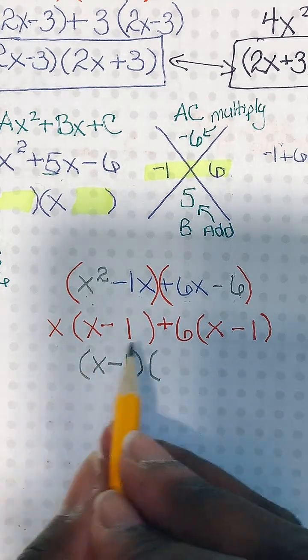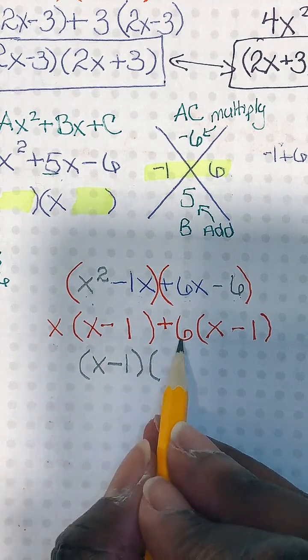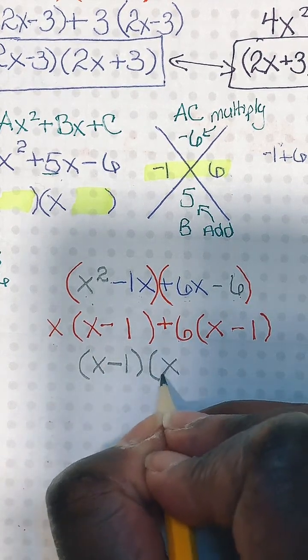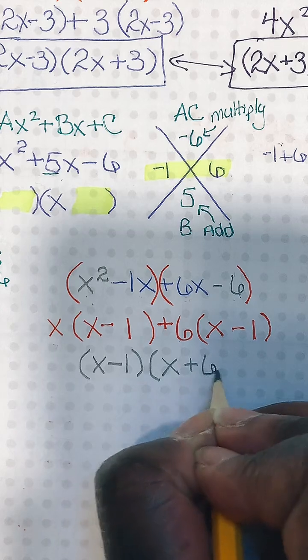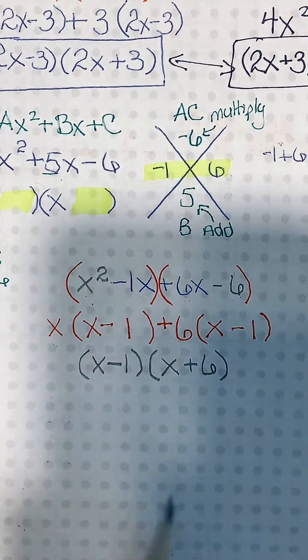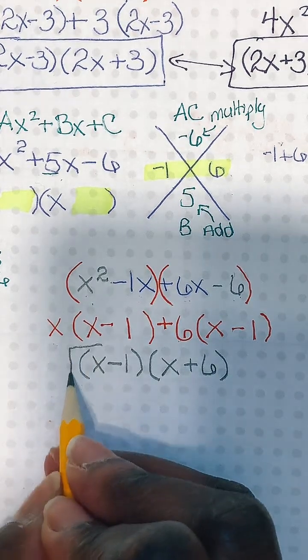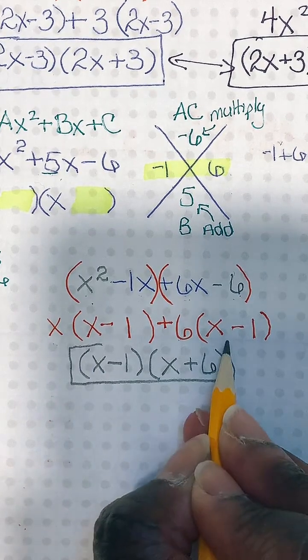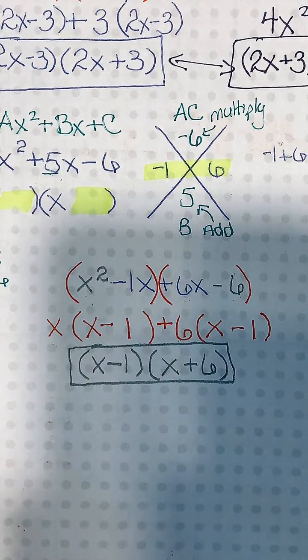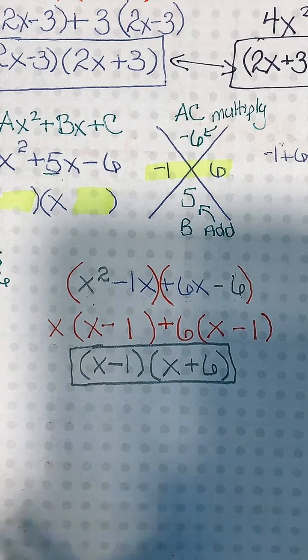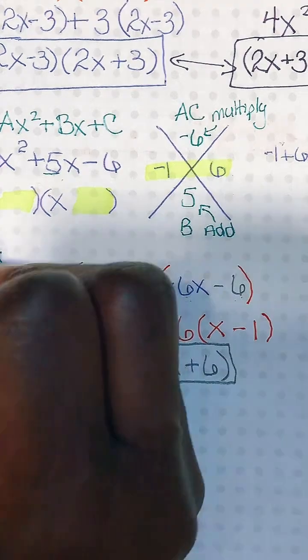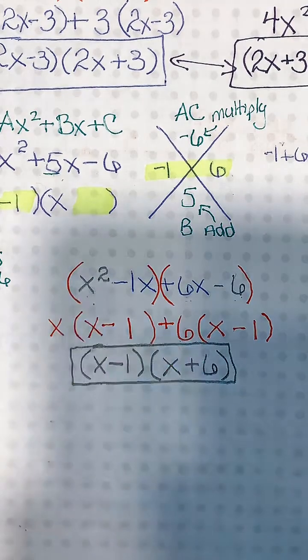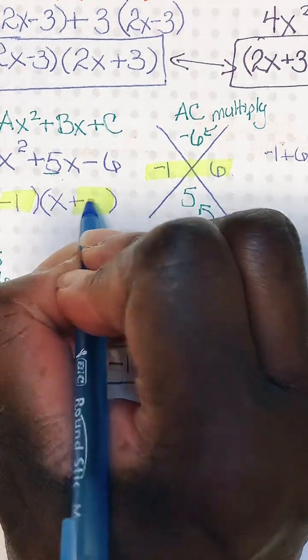And then what's outside the parenthesis is my x plus 6. So the factored form of that original is you have your x minus 1 and your plus 6.